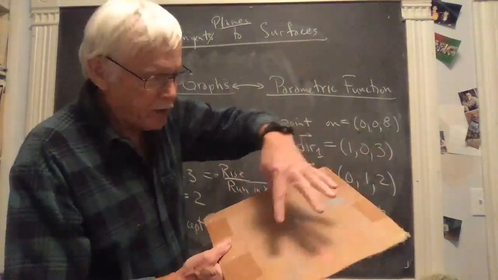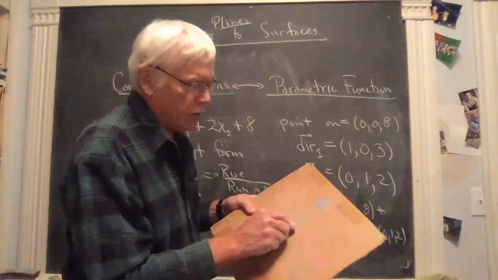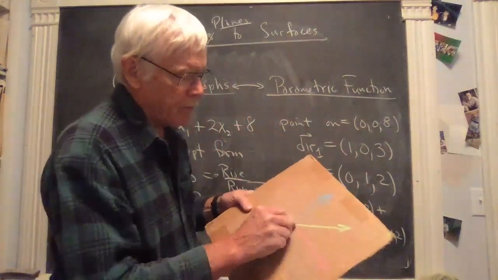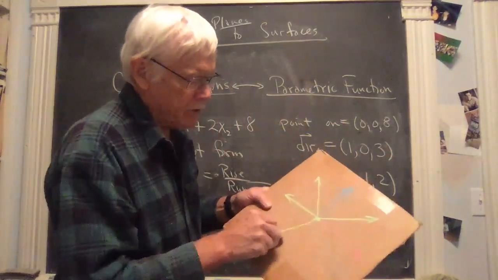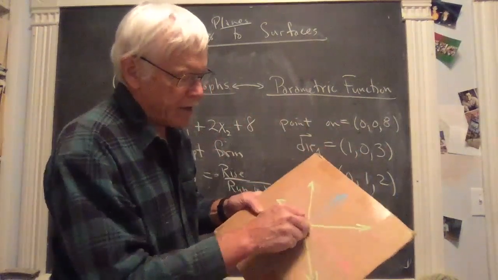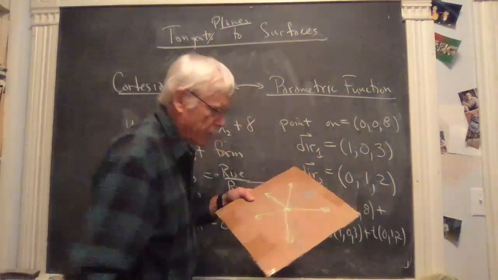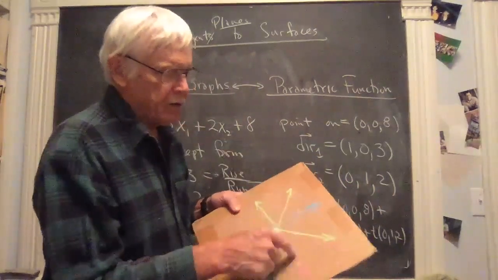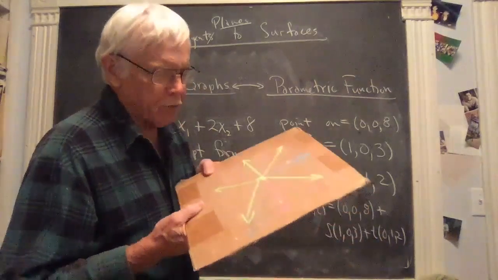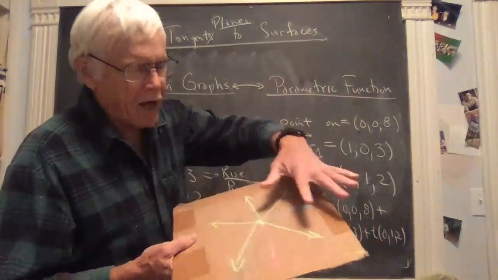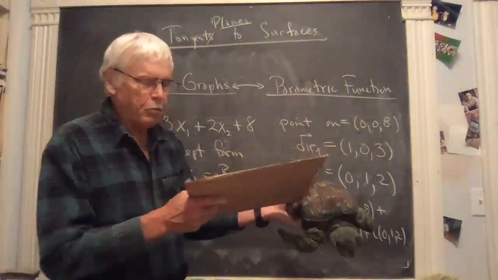So any linear combination of these two gives another direction of a line that is tangent to the surface at that green point. And those are the only directions. The span of these two directions gives the collection of all directions of lines which are tangent to the given surface at the given point.